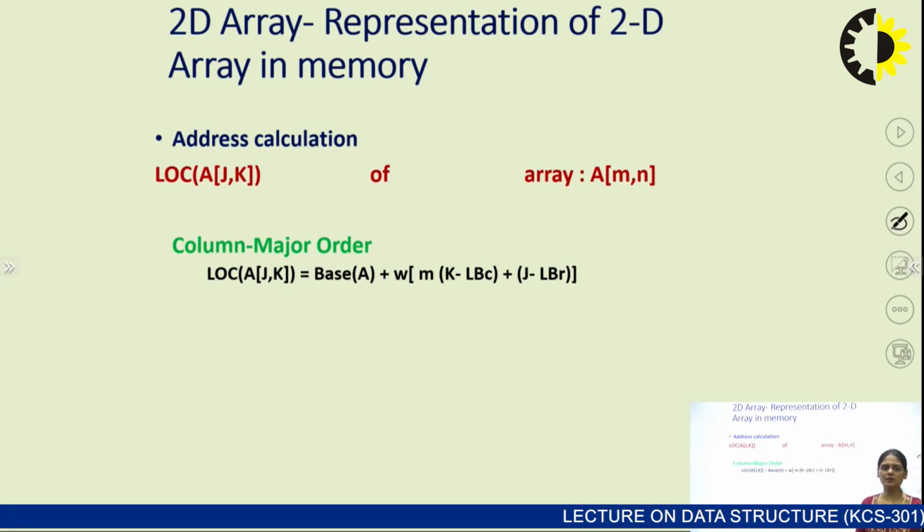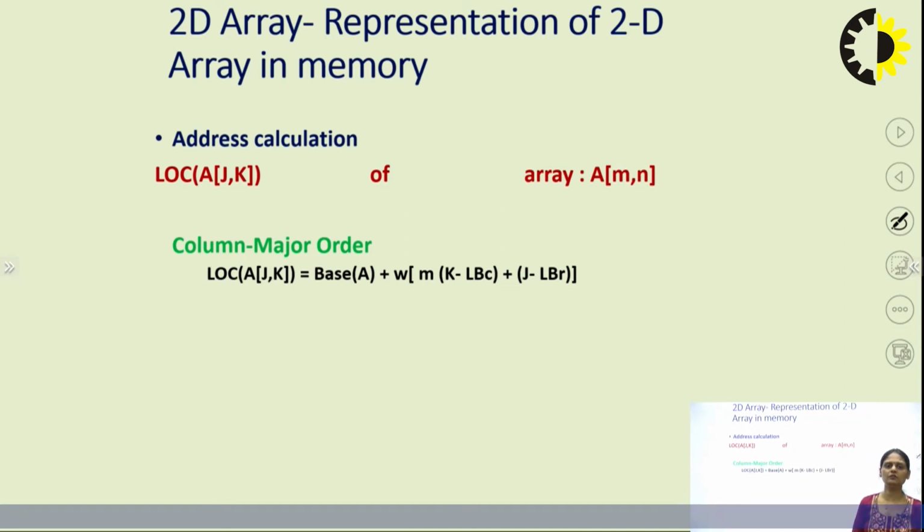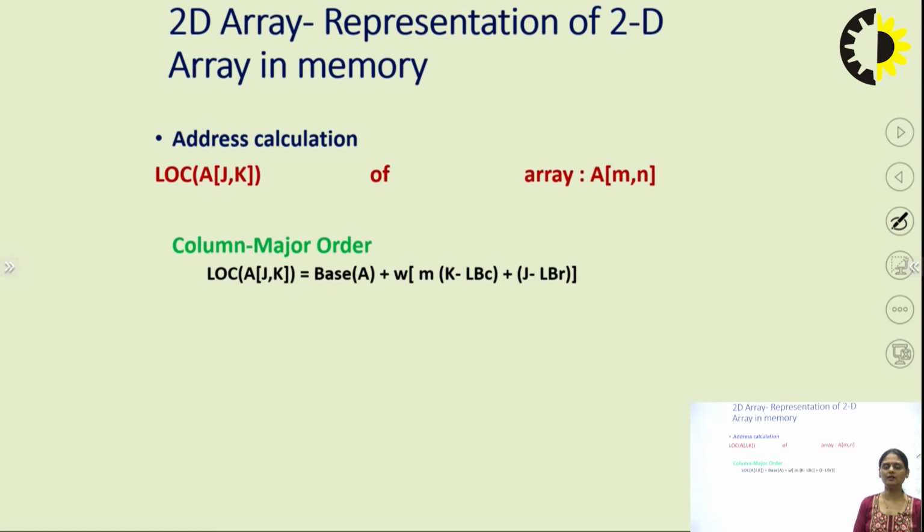Similarly, suppose the column index starts from 32 and ends at 50. In that case, the lower bound of column would be 32 and the upper bound would be 50. So here also, LBC represents the lower bound of column and LBR represents the lower bound of row.